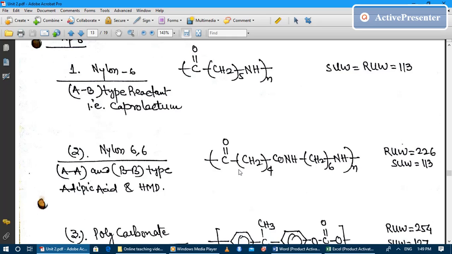If I ask you nylon 6,6, it should come to your mind that this is a product formed by AA and BB type of reactants known as adipic acid and hexamethylene diamine. If you do not remember this, then you cannot calculate the structural unit weight. So in order to calculate the structural unit weight, you have to memorize whether the polymer is polymerized from AA and BB type monomers or AB type monomer.